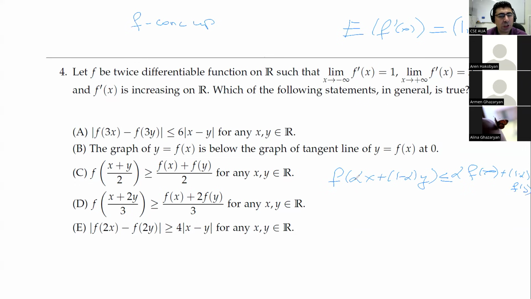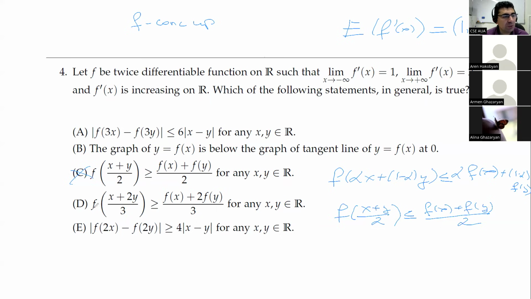Now, if we choose alpha equal to 1/2, concave up implies that f of (x plus y)/2 is smaller than or equal to (f of x plus f of y)/2. Here we do not have the same sign of inequality, so this is not true.